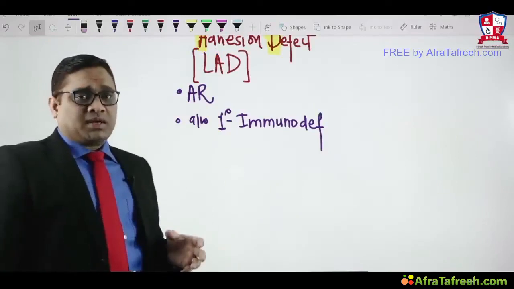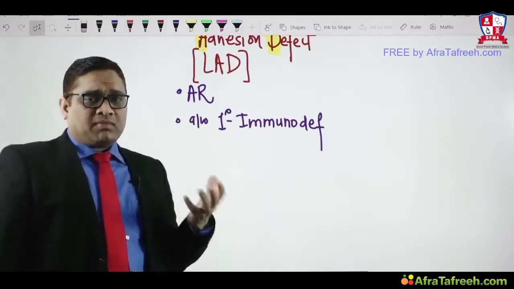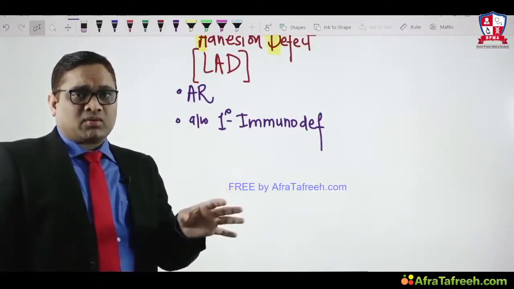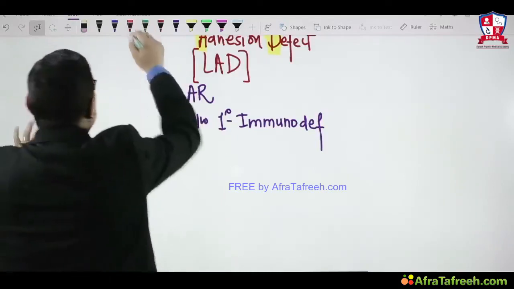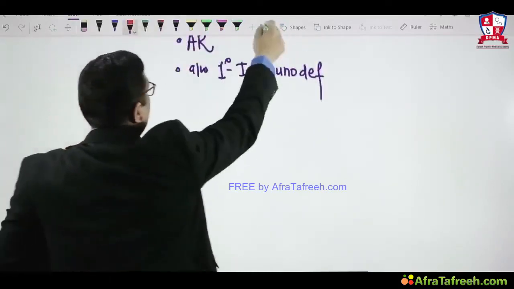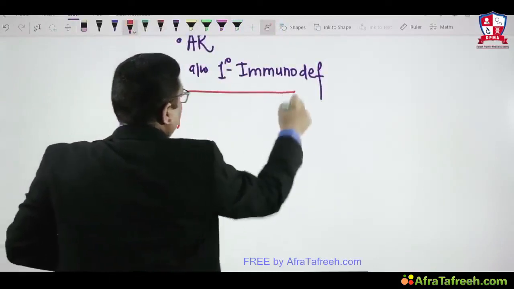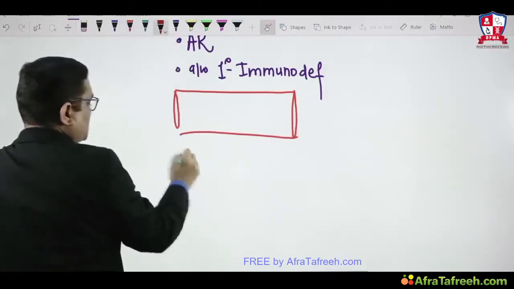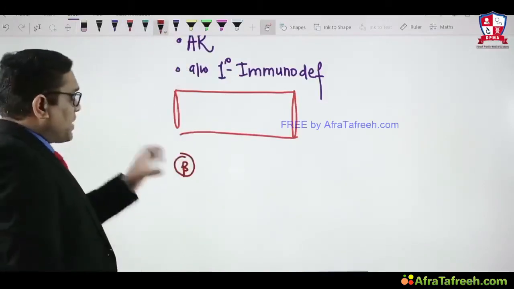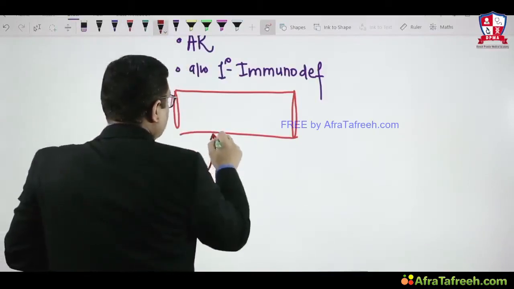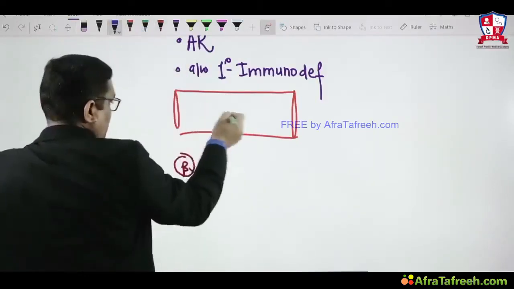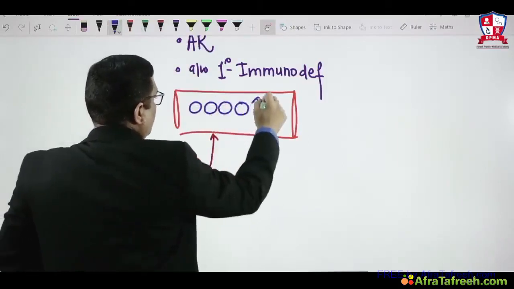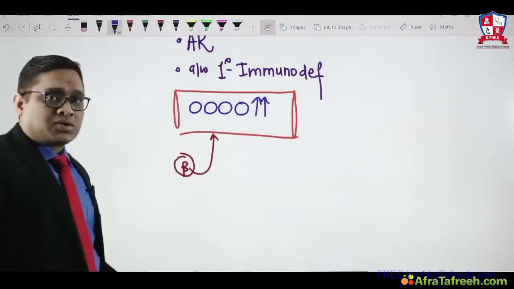When you see this patient and examine the peripheral blood, will you find increased leukocyte count or decreased leukocyte count? It's very simple to understand. Look at this diagram: suppose this is a blood vessel, and this is the bacteria sitting outside, giving inflammatory stimuli to the blood vessel. What should be the correct event? Leukocyte count should be increased.